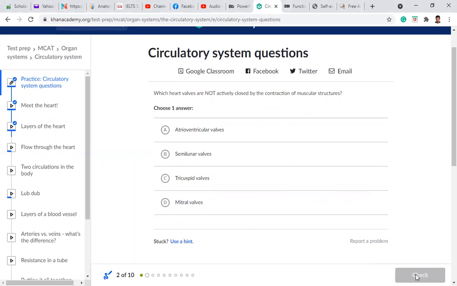Which heart valves are not actively closed by the contraction of muscular structures?